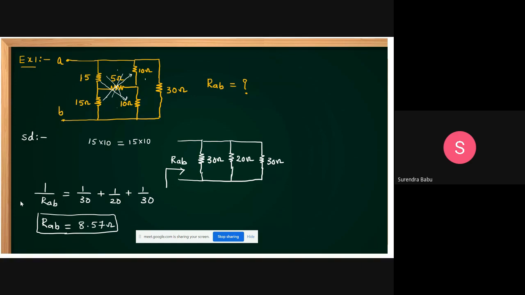Write example 2. Yes, friends, it is given like this. This is 2 ohms and this is 4 ohms.